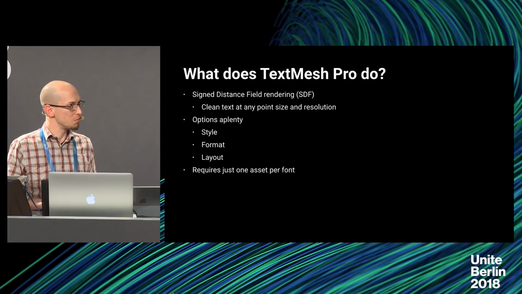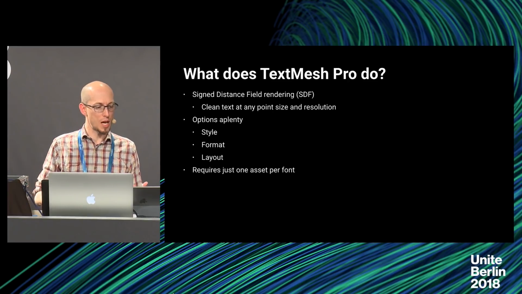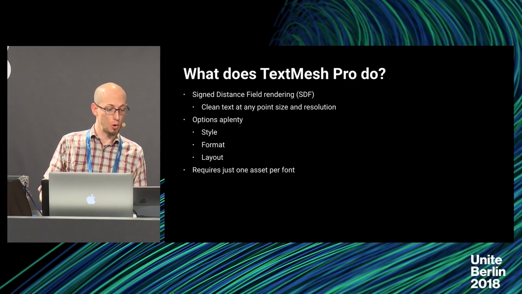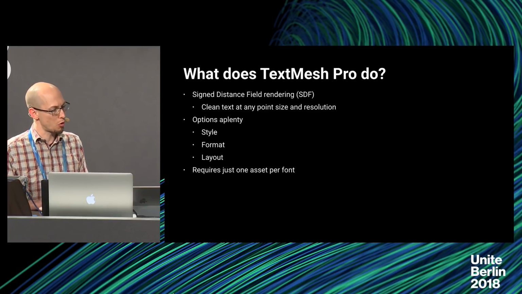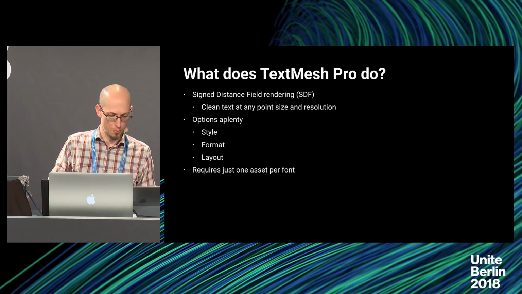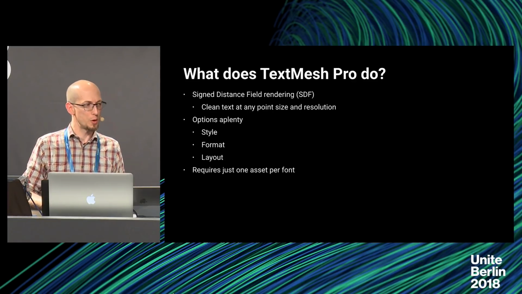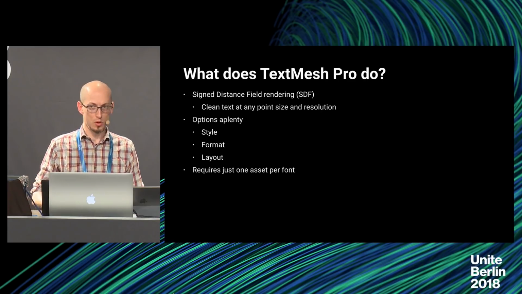It can render clean and beautiful text at any point size and any resolution. Second, it comes with a ton of options, giving you total control on how you want to style, format, and lay out your text in Unity. And the beauty of it, regardless of how many point sizes or how many styles you have in your project, it only requires one asset per font, so it's very efficient.